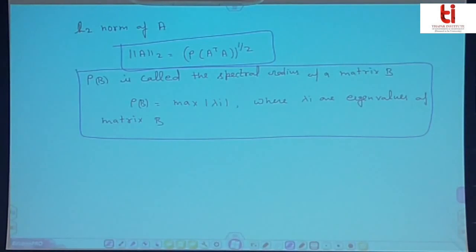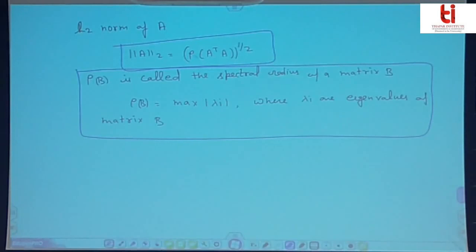If B is a 3 by 3 matrix, then 3 eigenvalues exist, and out of the 3, the maximum eigenvalue will be the spectral radius of the matrix.